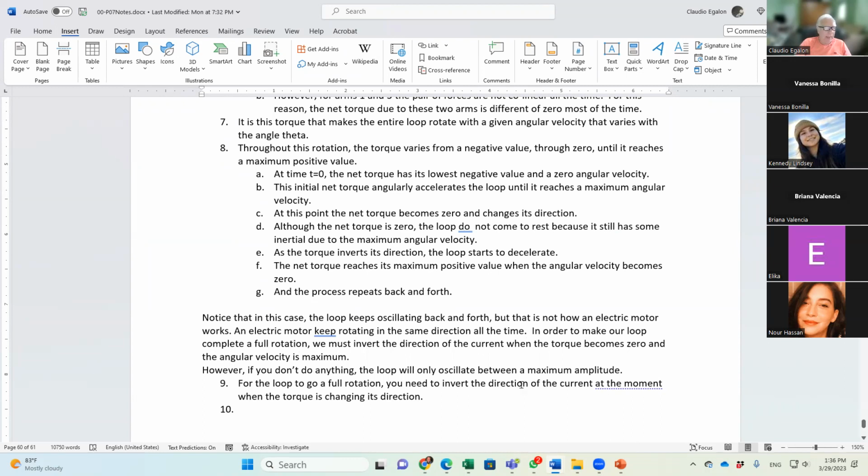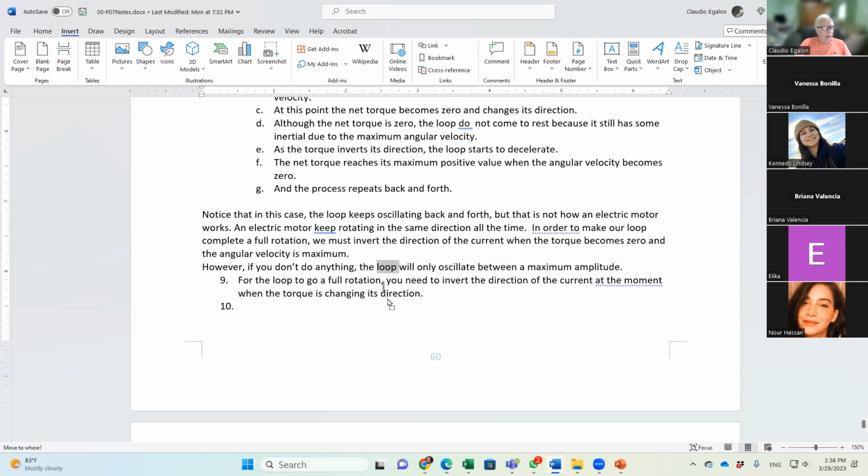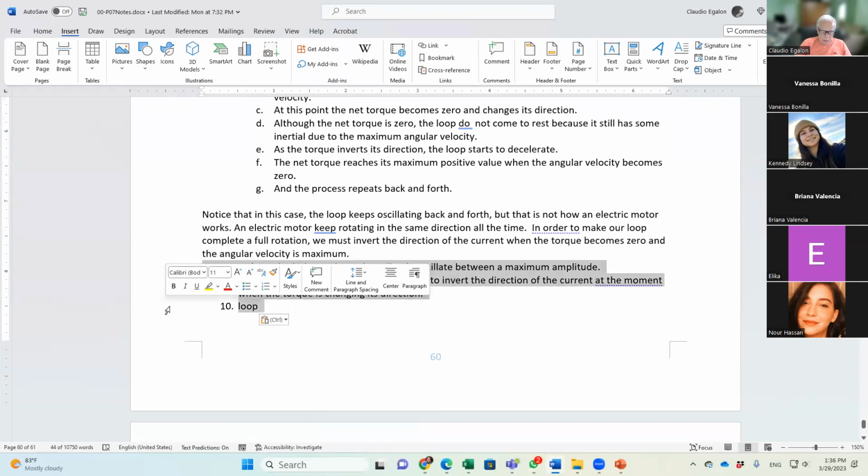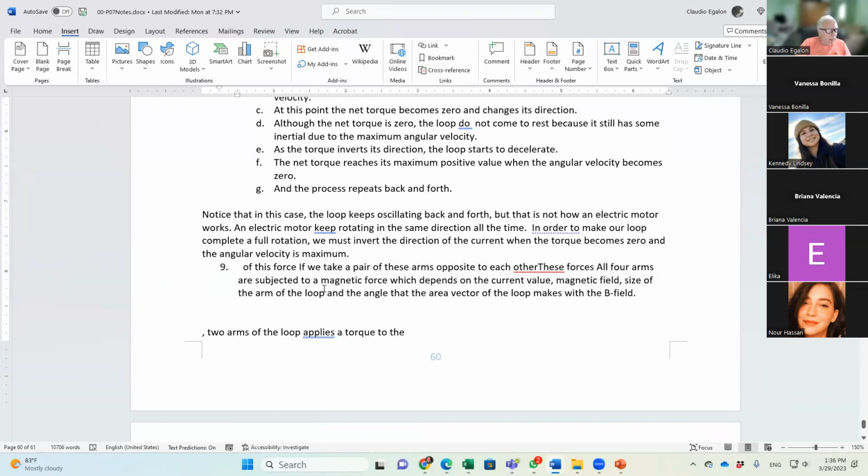So that's the key of the electric motor, which is exactly what I'm going to show you again, right?